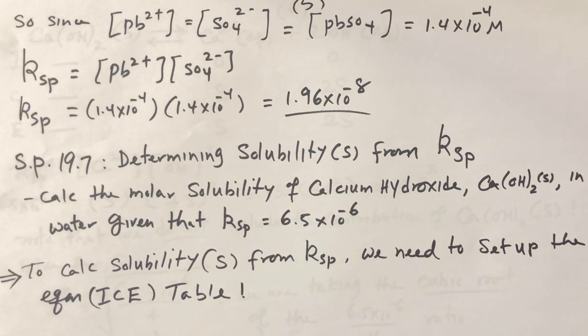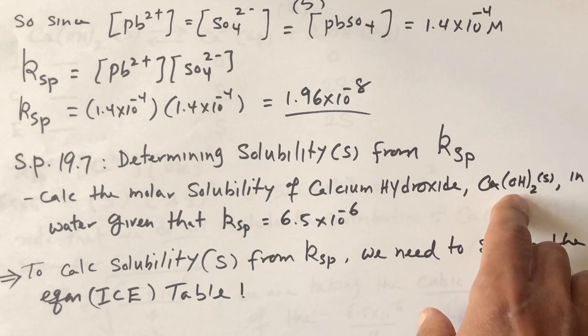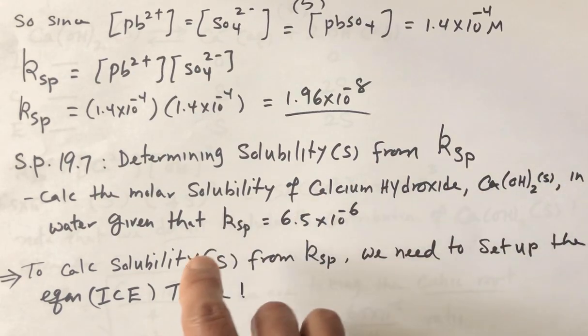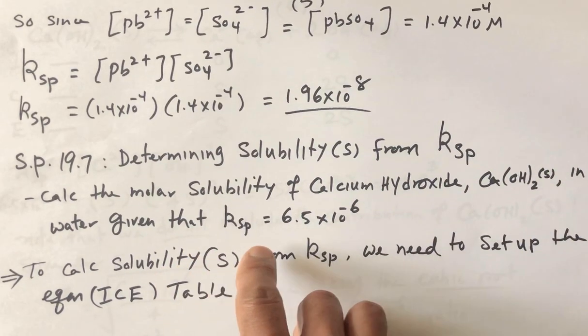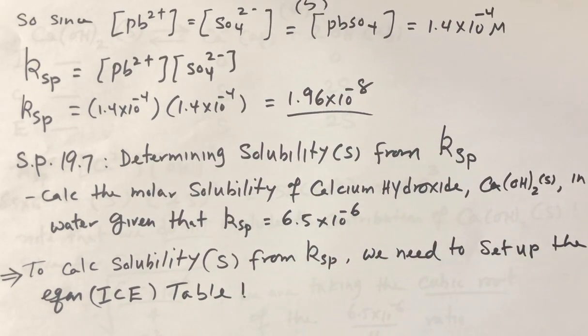So in other words, if we have the KSP for a given ionic compound, how do we find its solubility? Okay, so how do we calculate the molar solubility of calcium hydroxide, which is Ca(OH)2 solid, in water, given that the KSP for that is 6.5 times 10 negative 6.